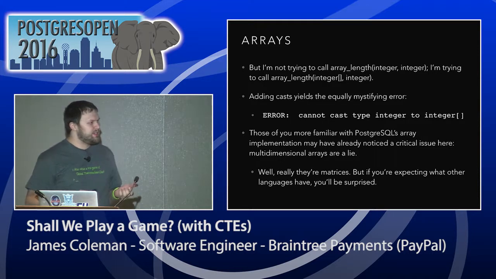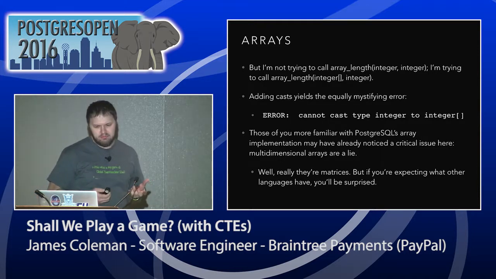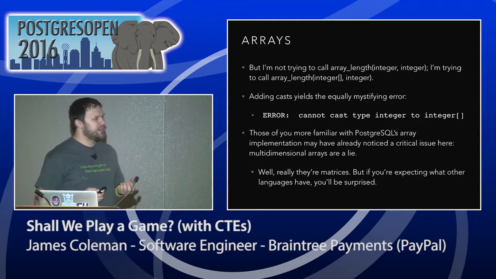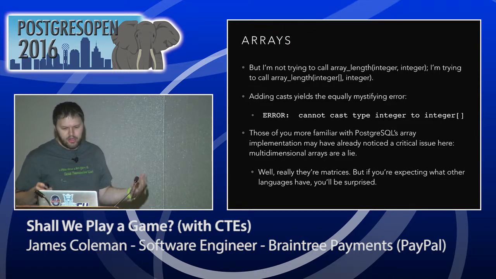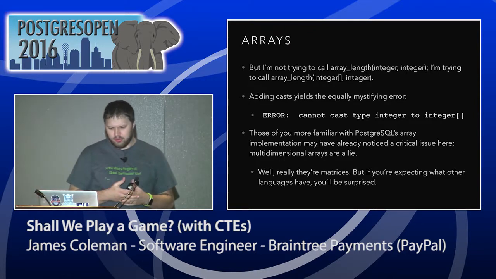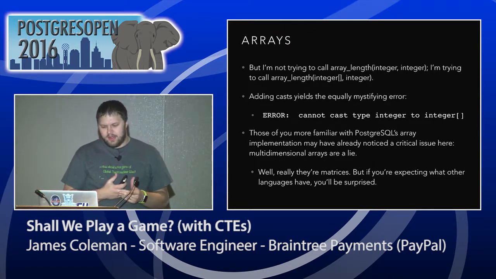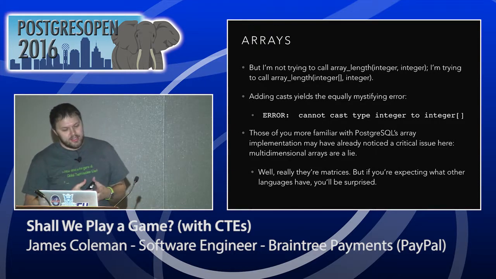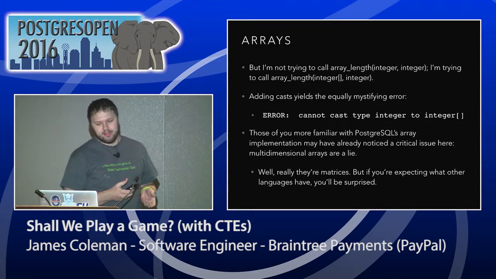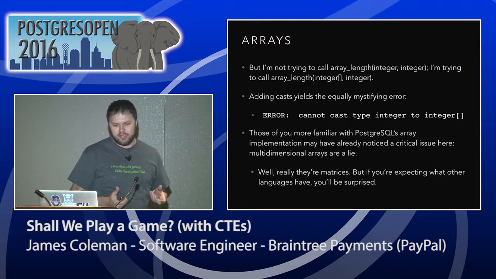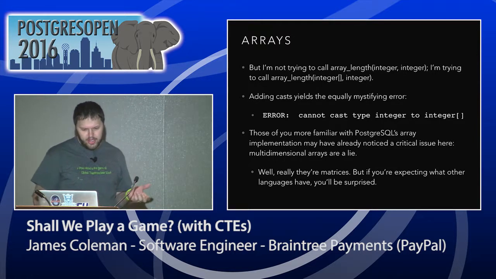The error message, or the hint, suggests that we should consider adding typecasts to clarify to Postgres what we're trying to do. But that yields an equally mystifying error that says you cannot cast the type integer into integer array, which is self-evident but unhelpful.